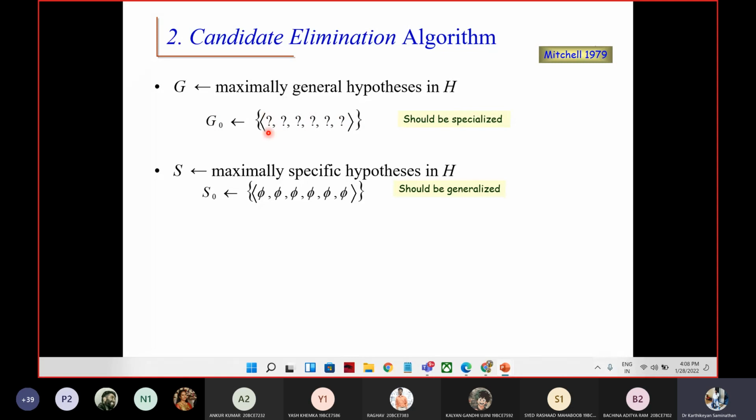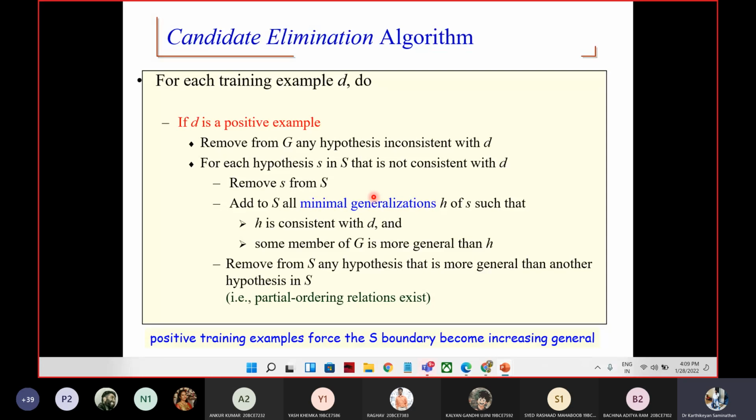Each question mark represents an attribute in the set. Same here, S is the specific hypothesis, and phi represents the same number of attributes in the set. So the candidate elimination algorithm runs with the help of these two hypotheses.